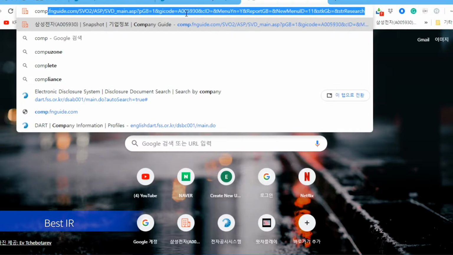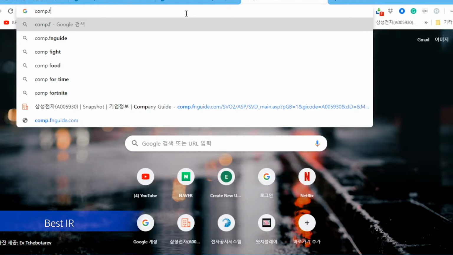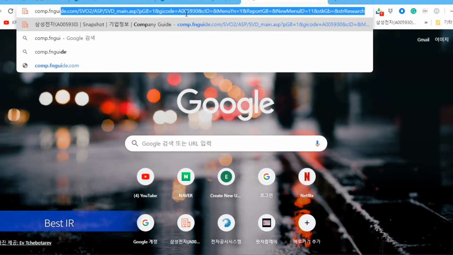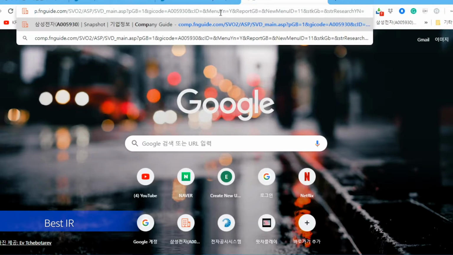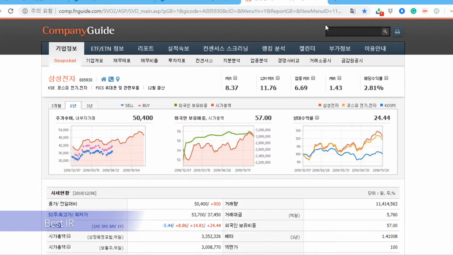But another thing I would recommend is you want to utilize some private information providing company, which is Fnguide. Fnguide is a company that is close to Bloomberg or FactSet, forgetting all the names, but there are all different company information providing businesses.